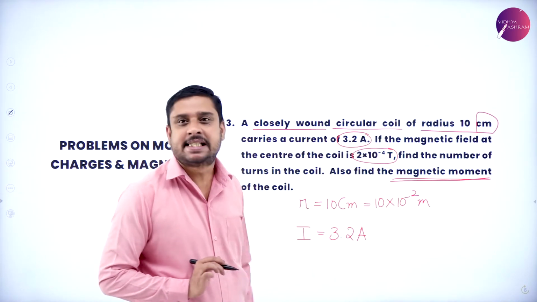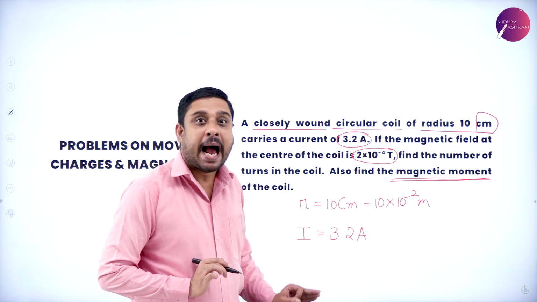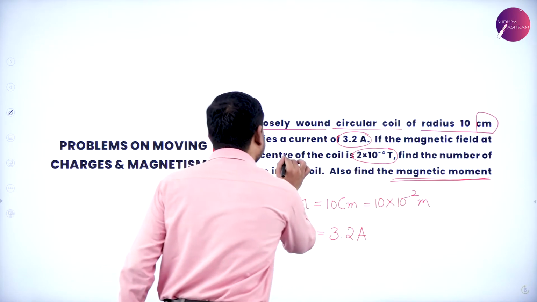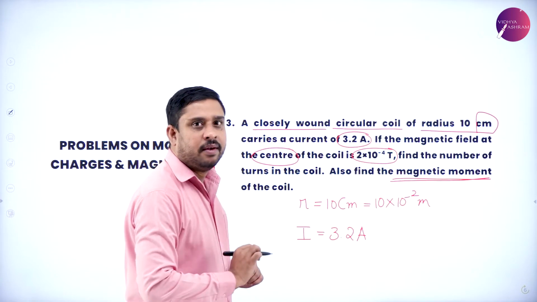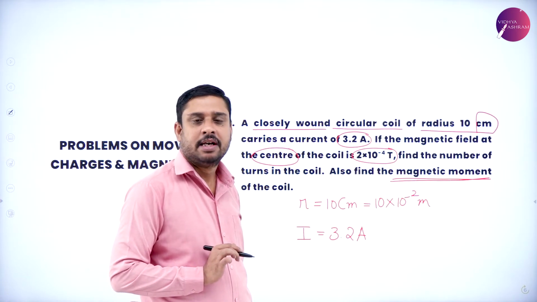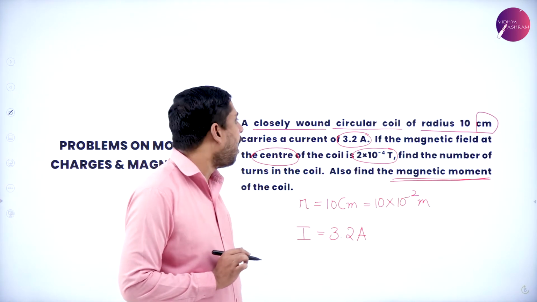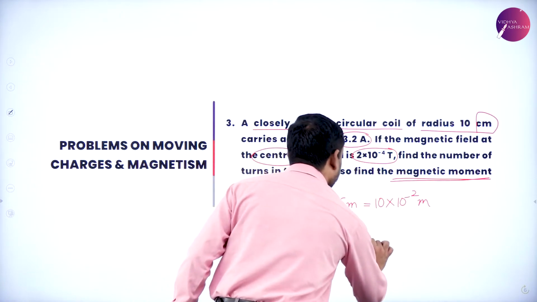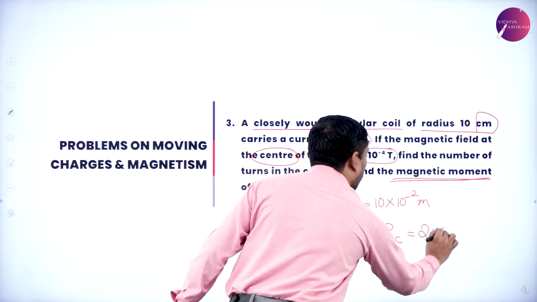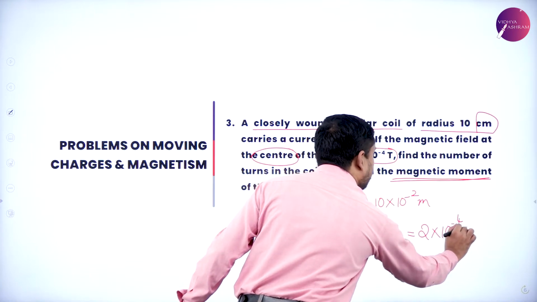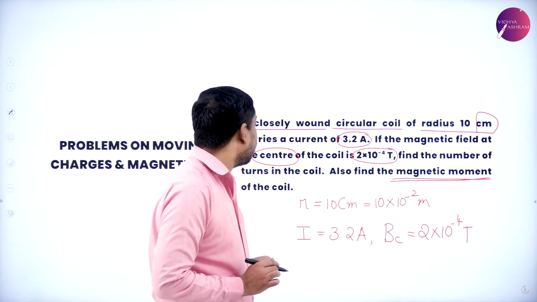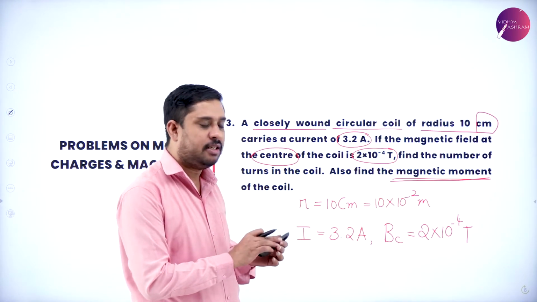Now very clearly the magnetic field at the center of the coil is 2 into 10 power minus 4 Tesla. I will have to find the number of turns in the coil.